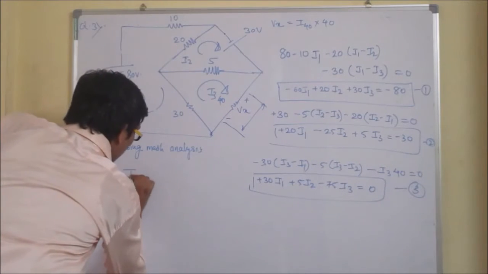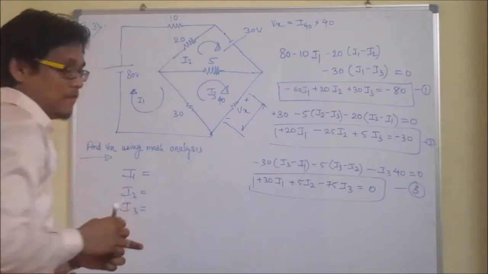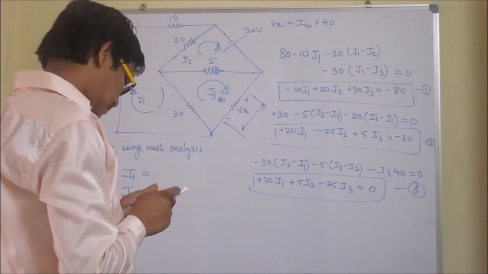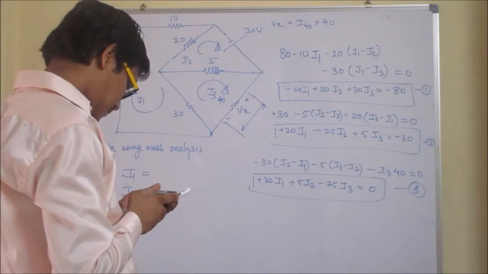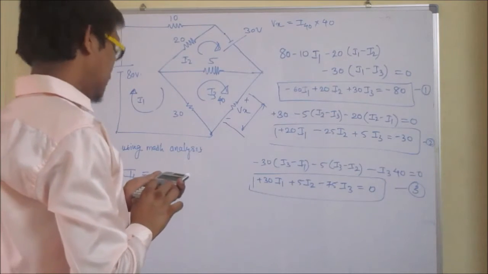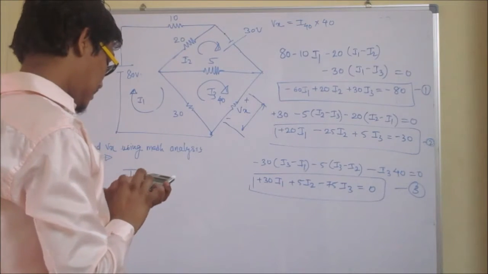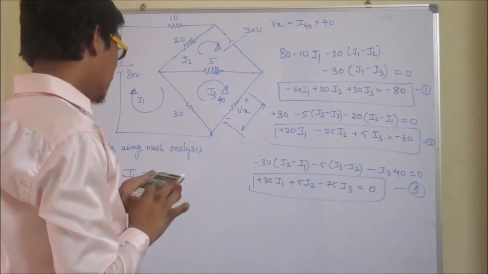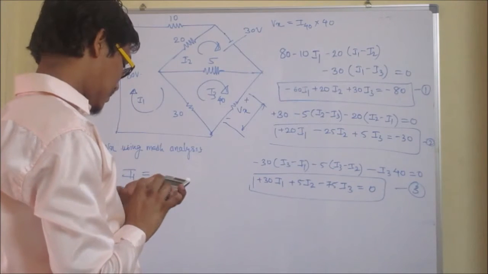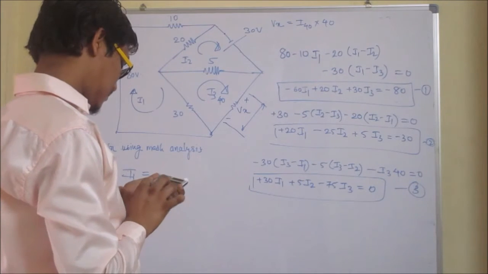The coefficients are minus 60, 20, 30, minus 80; 20, minus 25, 5, minus 30; 30, 5, minus 75.